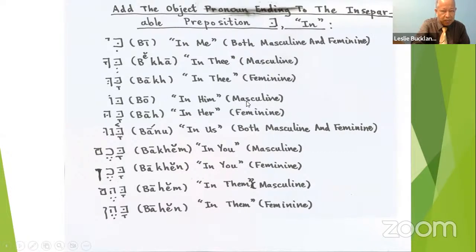Bo, in him, masculine. Ba, in her, feminine. Banu, in us, both masculine and feminine. Bakem, in you, masculine. Baken, in you, feminine. Bahem, in them, masculine. Bahen, in them, feminine.